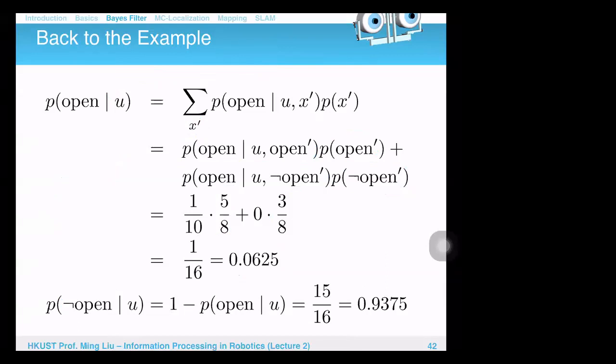It's very easy to get, because your experiment is to apply this u. Under this condition, the P of not open is simply 1 minus the P of open given u. This is 0.9375. So in summary, the P of open given u is very low, around 6% chance.